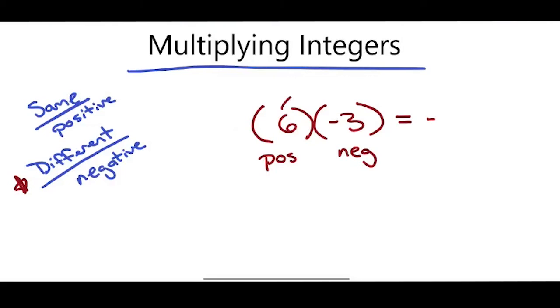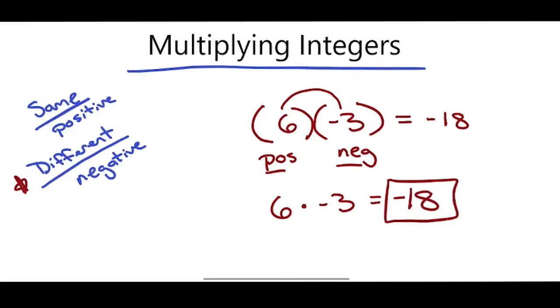Now, 6 times negative 3, that's negative 18. So because one is positive and one is negative and they're different signs, it will be negative. So 6 times negative 3 equals negative 18. So your answer is negative 18.